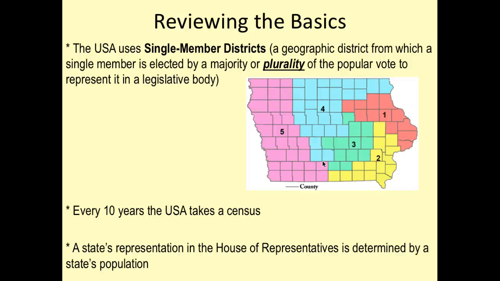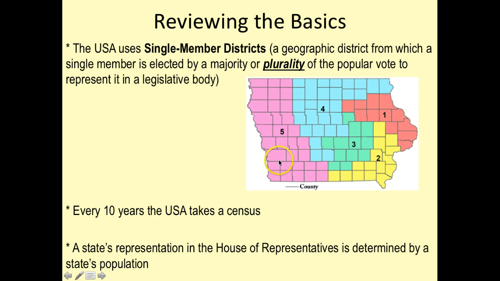All right, so let's take a look at the basics here. We've talked about this before. In the United States, we use a single-member district in terms of our legislative branch in the House of Representatives. And what that is, as you can see in this image here, this is the state of Iowa with all of their counties. You'll notice how the different colors and the different numbers correspond to congressional districts, House districts. So you take a look at District 5. District 5 represents all of these counties.